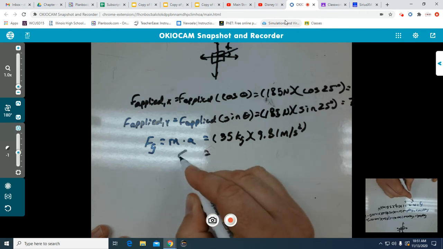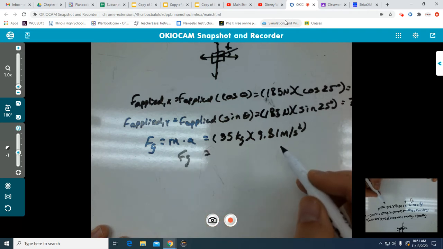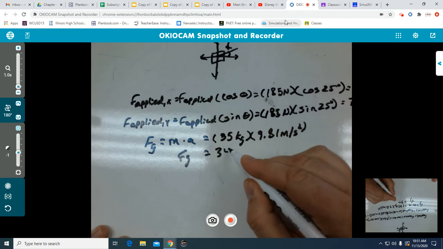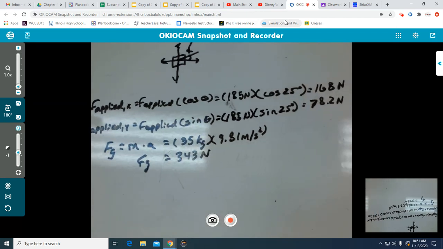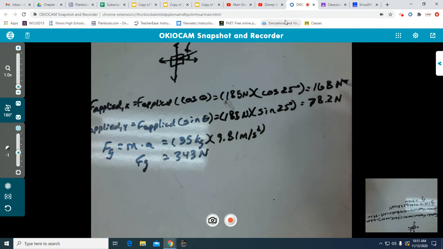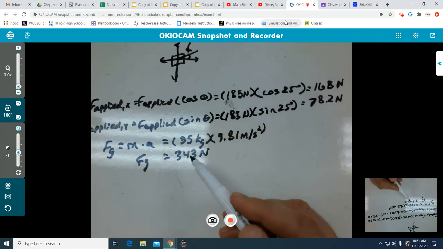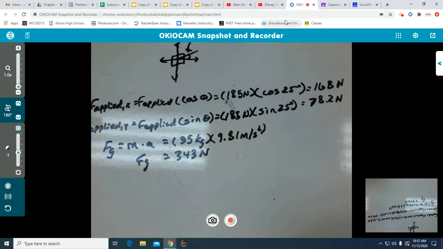So our FG, which we're going to use in a little bit, is going to be 343 newtons. Okay, you've got our F applied in the X, our F applied in the Y, and our gravitational force. I'm going to run out of room here, so I'm going to erase. If you need to pause and write this down or check your work, do so.